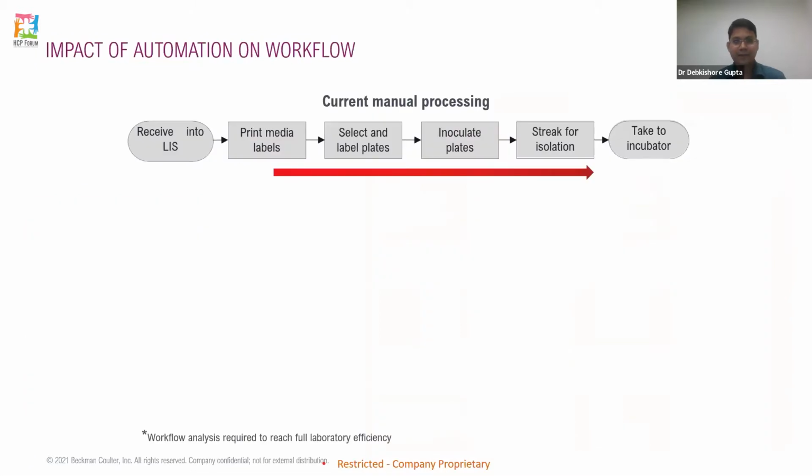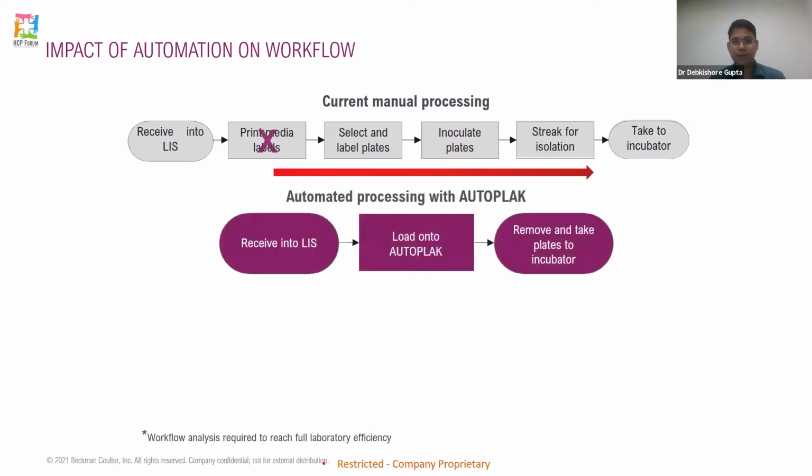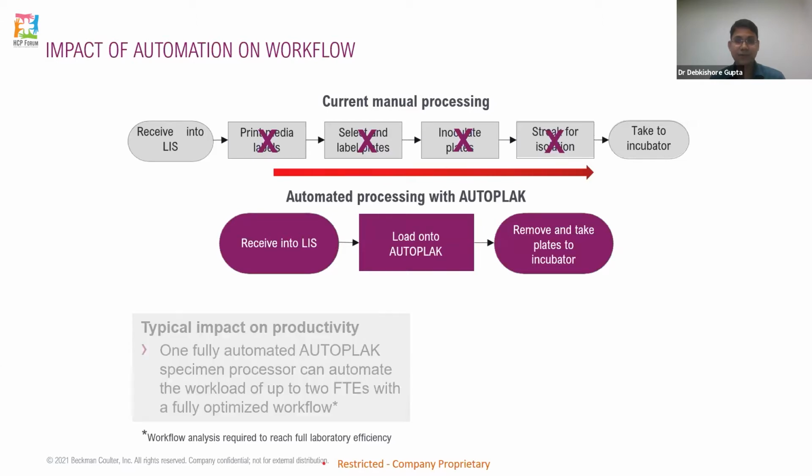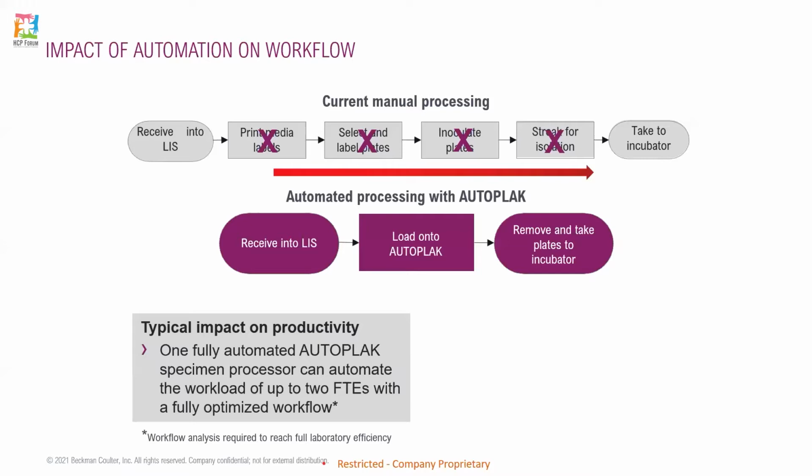Not only that, there is an impact on automation and workflow. They have an automated processing autoplaque, so whereas you receive into LIS, load into autoplaque, remove and take plates to the incubator, here you can obviate at least 4 steps, and you can understand there is a huge impact on productivity.